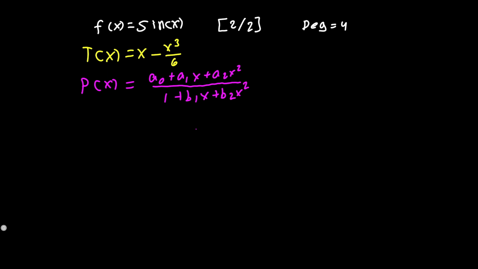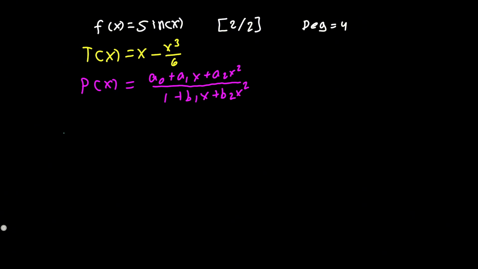Now we do what we did in the last example, which is to set x minus x cubed over 6 equal to this expression, where we have to find a0, a1, a2, b1, and b2. If we multiply, we get a degree 5 as our highest degree, so we just disregard the 5th degree term.